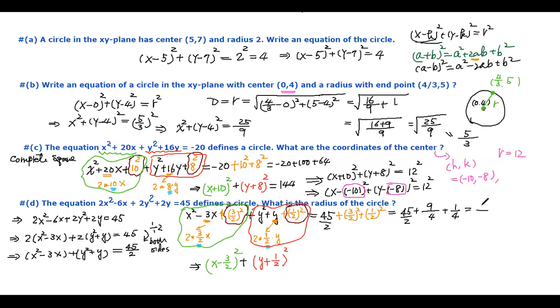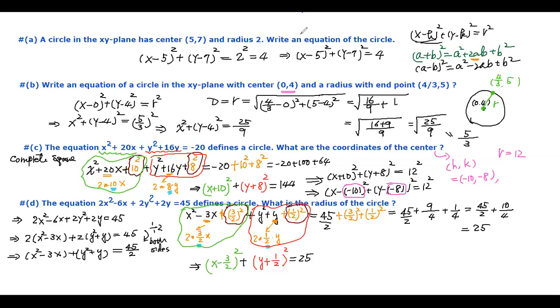So this will be 45 divided by 2 plus 10 divided by 4. So what does it end up to be? It ends up to be 25. It's pretty cool, right?